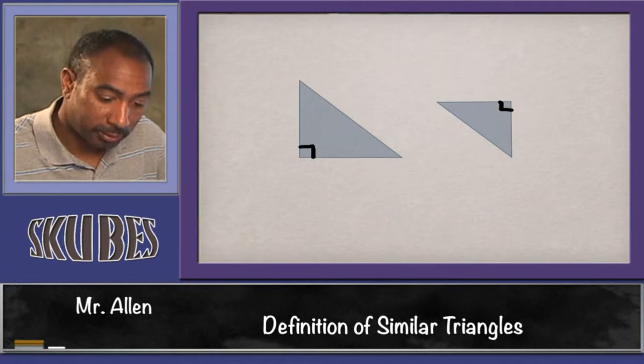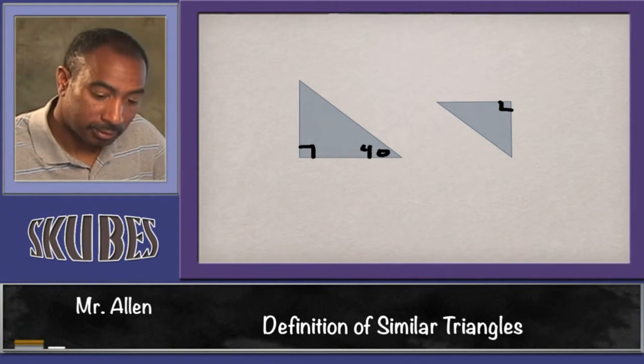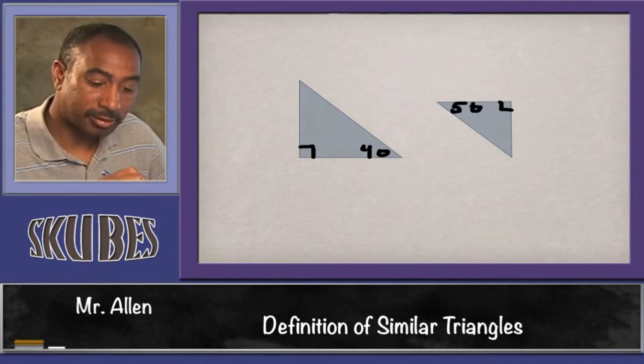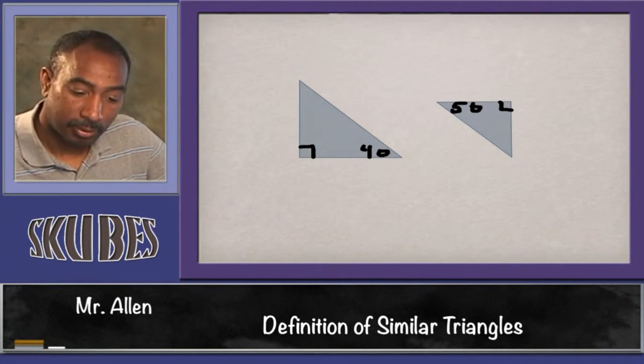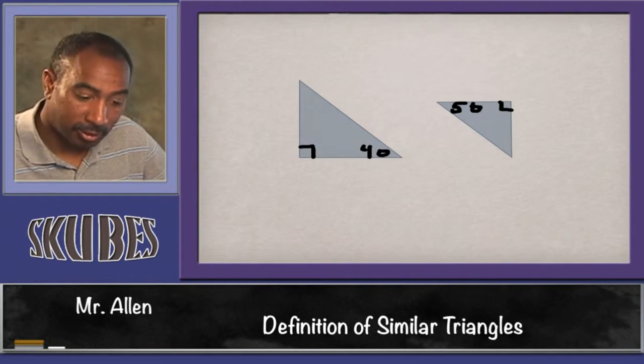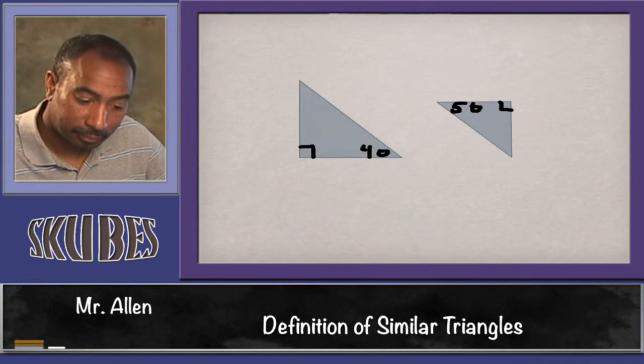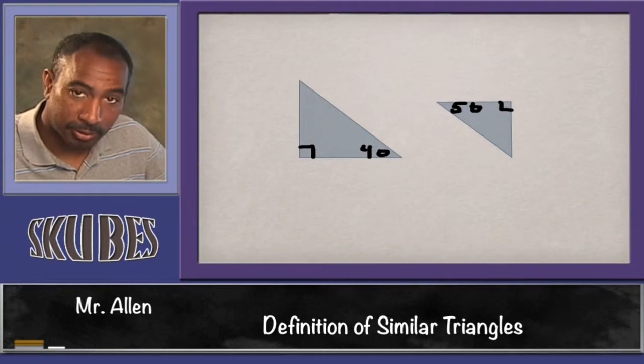If this was 40, and I say that this is 50, are these the same? Well, we know that this is a right angle, and all triangles have to add up to 180 degrees.